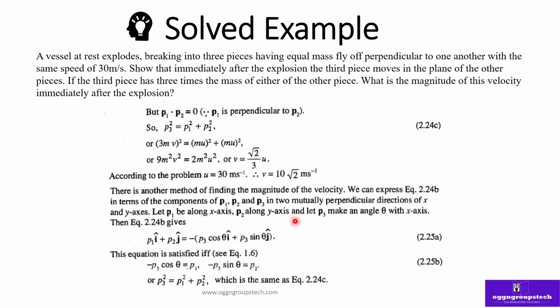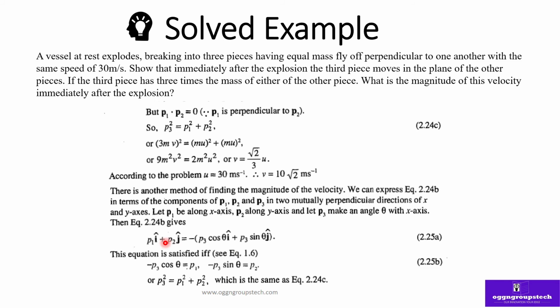This we have already seen. And P3 makes an angle theta with the x axis. Okay, so we can write P1 i cap plus P2 j cap is equal to minus P3 cos theta i cap plus P3 sin theta j cap.